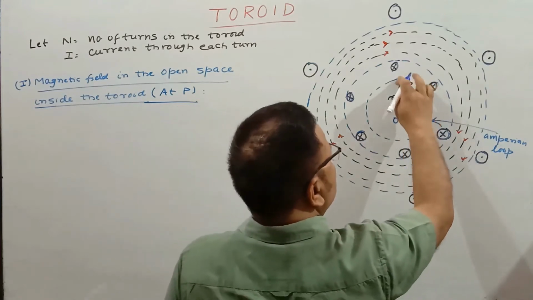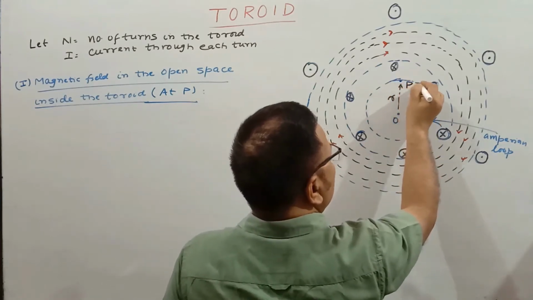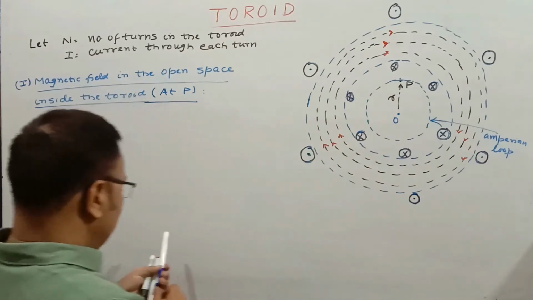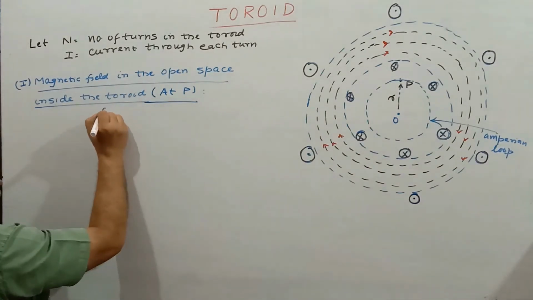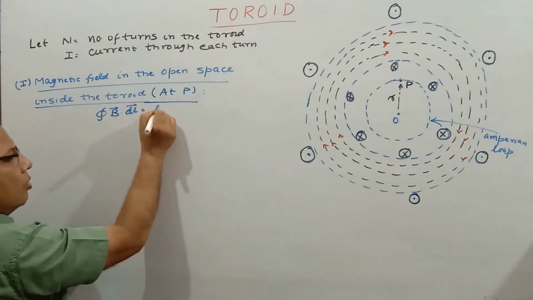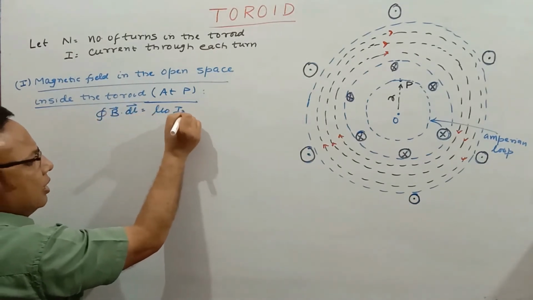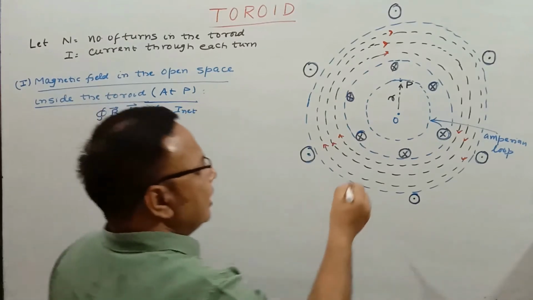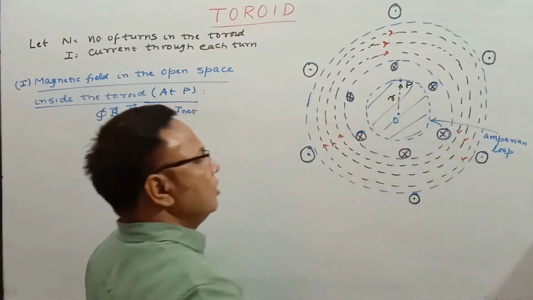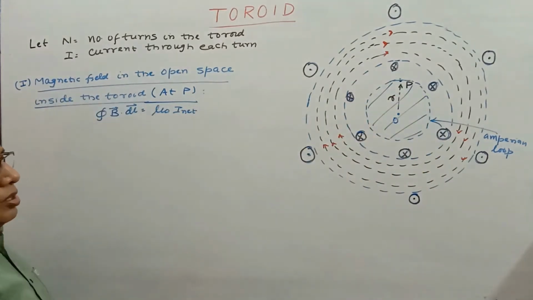And here the point P is on the Amperian loop, you can see. Then we know as per Ampere's circuital law, the integral of B dot dl is equal to mu naught times the net current crossing the area of the loop.